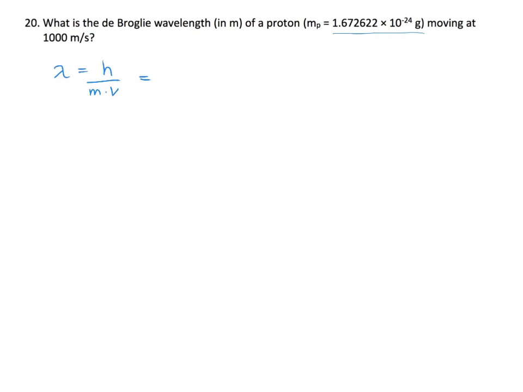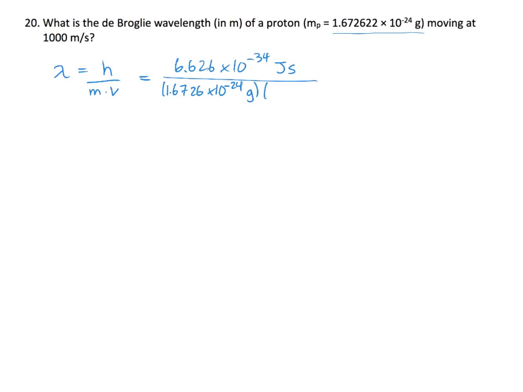We have Planck's constant, which is 6.626 times 10 to the minus 34 joule seconds. For mass, we're going to be using the mass given in the question, 1.6726 times 10 to the minus 24 grams.